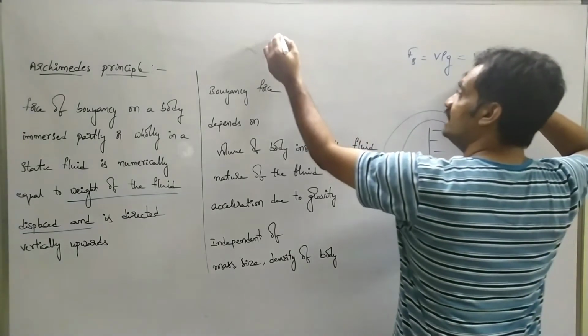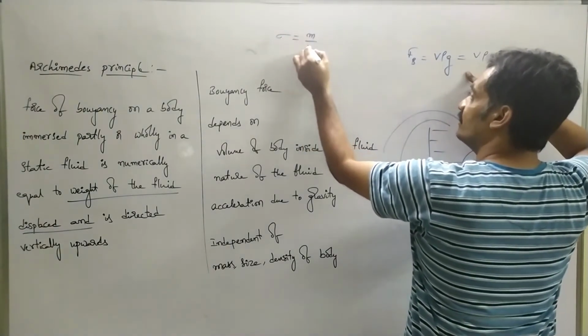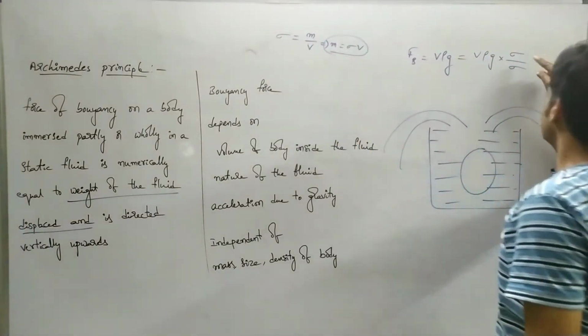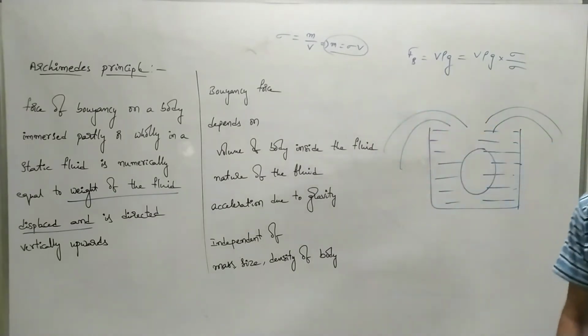Why? Because we know that density equals mass by volume. Then mass equals density into volume. So in the place of sigma V, we can substitute mass m.